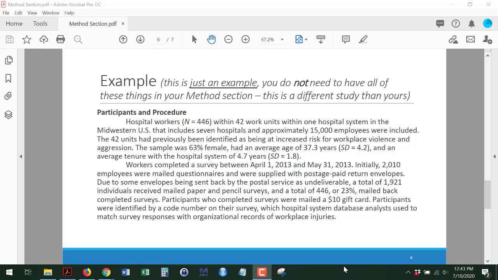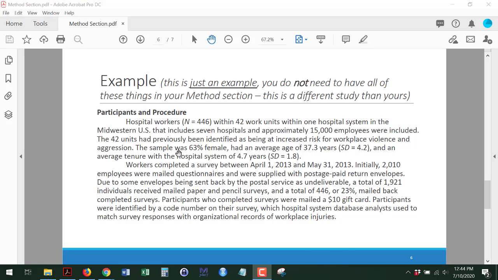You can see here that for this study, I have combined the participants and procedure sections into one section labeled participants and procedure. You can see that I start by explaining how many participants there were, where they came from, the different work units involved, and then I get into demographics.